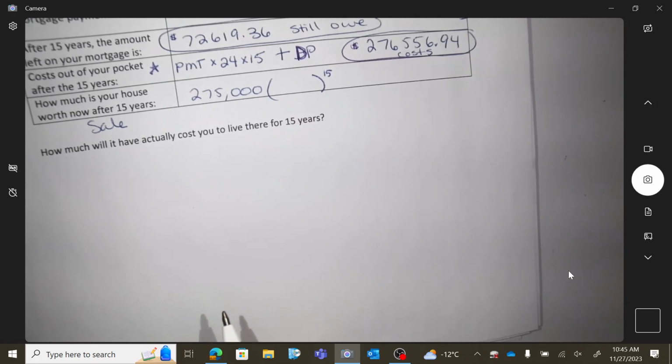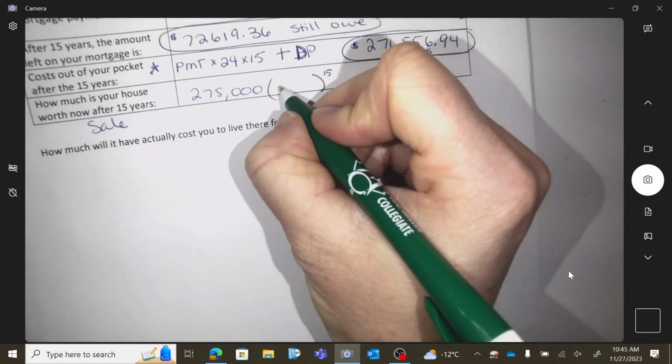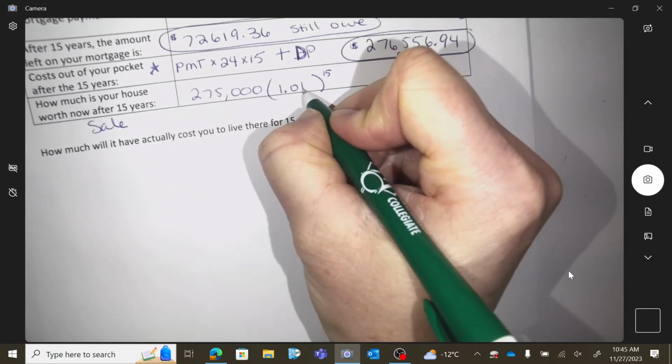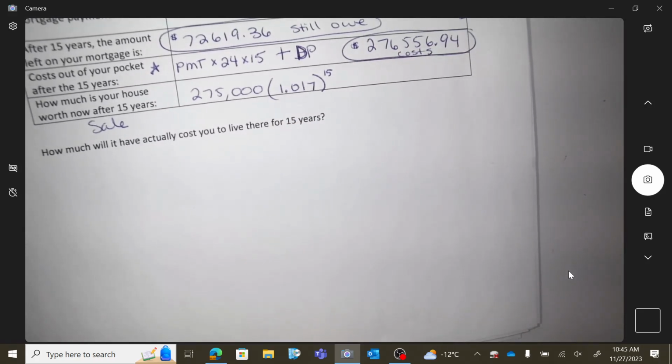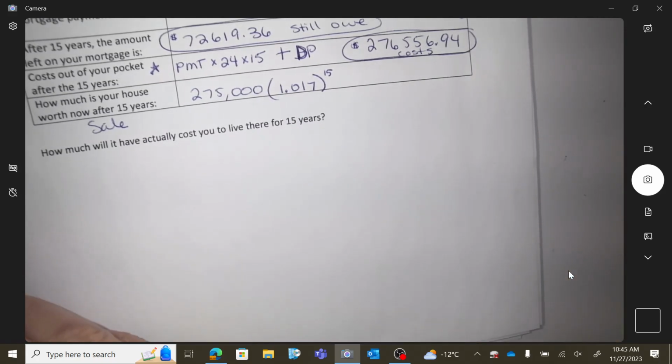I need to write what as a multiplier if I'm appreciating? 1.7% above 100%, right? Is that what you wrote down? Okay, so tell me, you're supposed to say yes to that question, right?